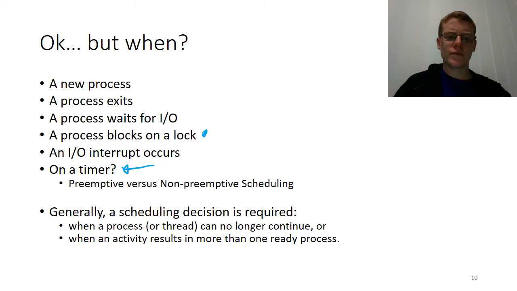But basically, we generally will need a scheduling decision to be made when a process can't continue, or when some activity allows us to have more than one ready process and we have to decide which one we're going to run.